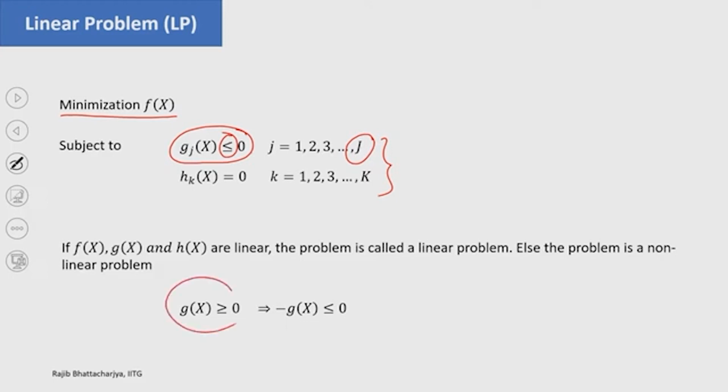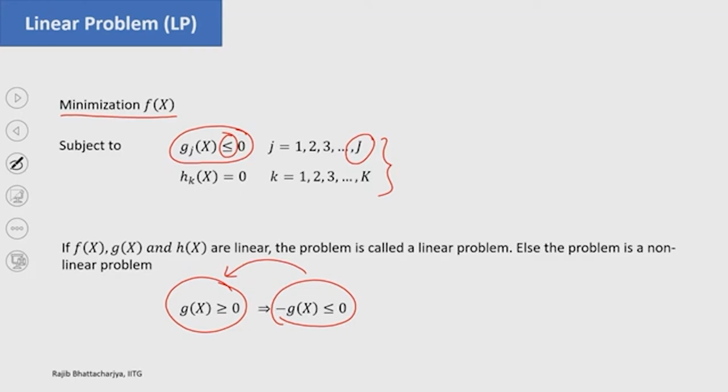In that case I can convert it to a less-than-or-equal type constraint by multiplying by -1, or the other way around. Let us discuss this problem.